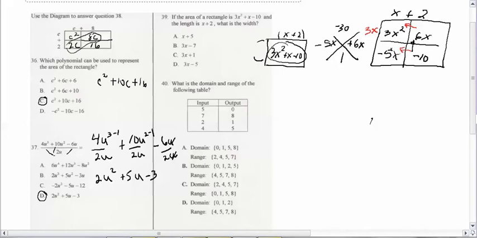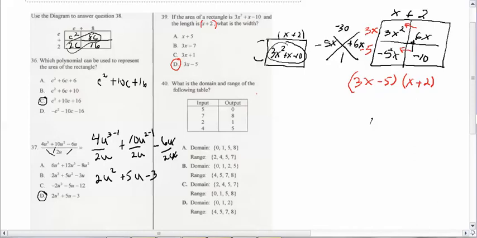What do these have in common? They both have a 5, and it is a negative. So we've got 3x minus 5, and then we have x plus 2. Okay, so they said we already have x plus 2. They gave us this one, and they said, what's the other one? And we found it, and it's right here, letter D.